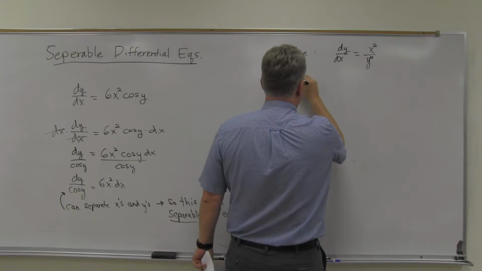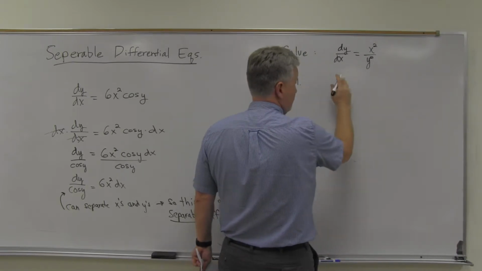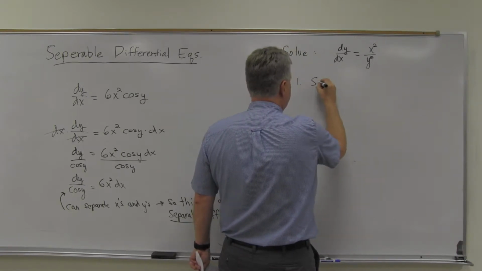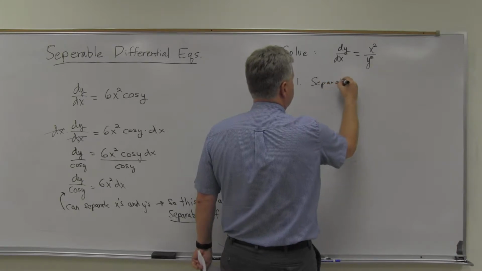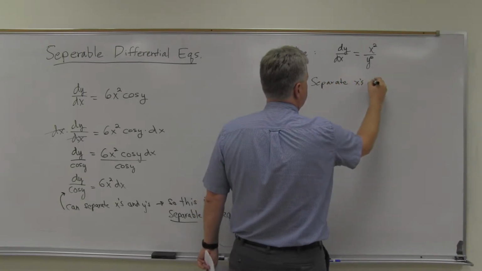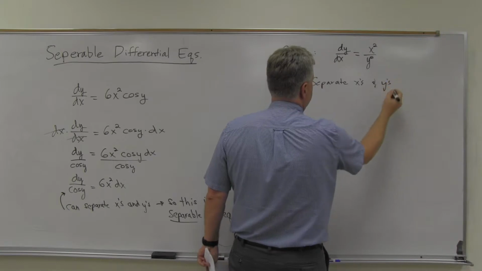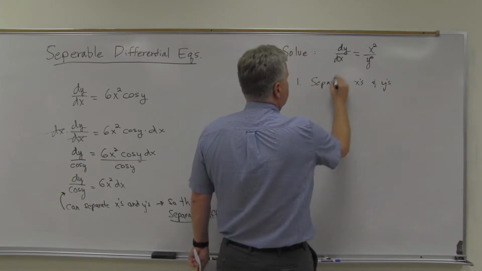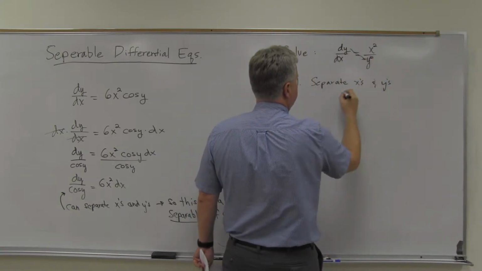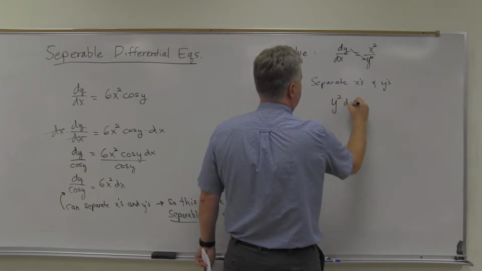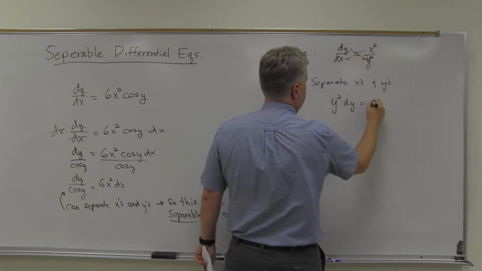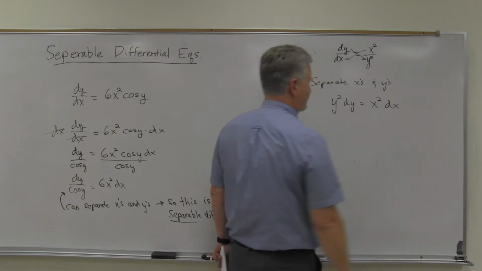So that's our first step in solving these separable ones: separate the x's and y's, if possible. And so we can, like I said, cross multiply, so y squared dy equals x squared dx. Pretty symmetrical there.